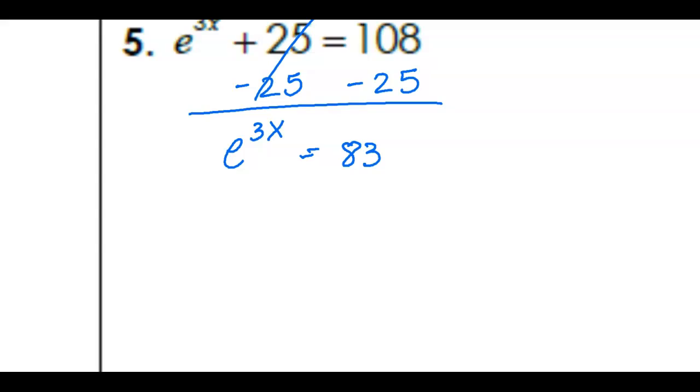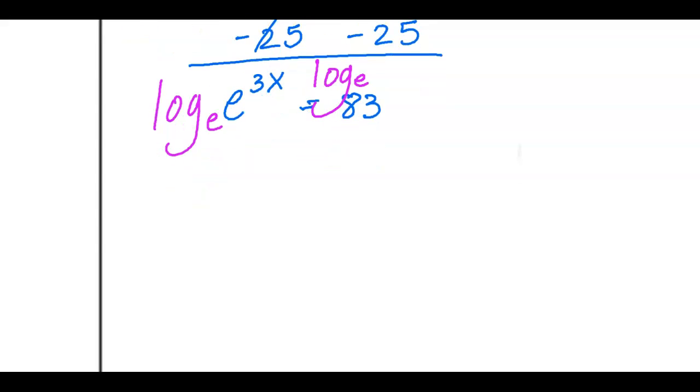Now we do the opposite operation of exponential, which is log. Now what is our base in this problem? e. The base is e. So we take log of the same base on both sides. Log base e, log base e. What is log base e? Natural log. ln. You could have just written ln.